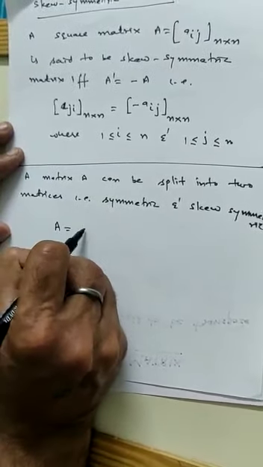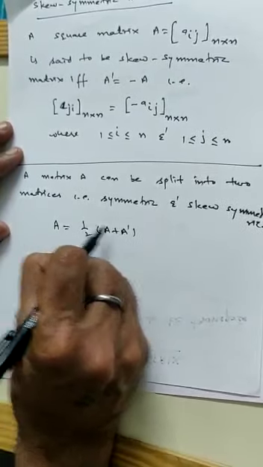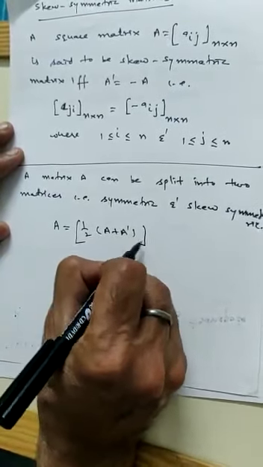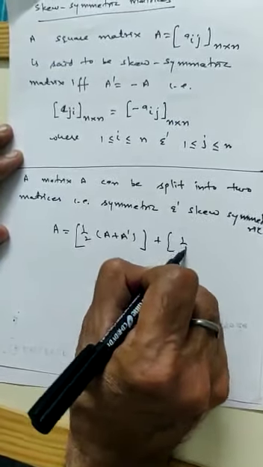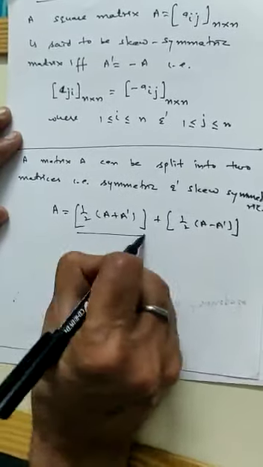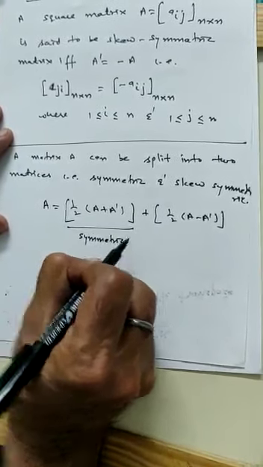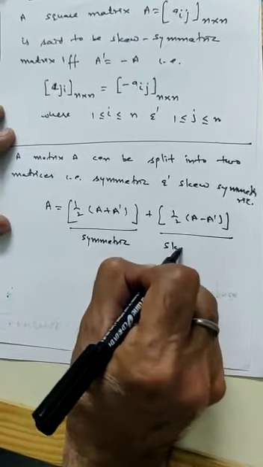So A can be written as 1/2(A + A') + 1/2(A - A'), where the first is symmetric and the second is skew symmetric.